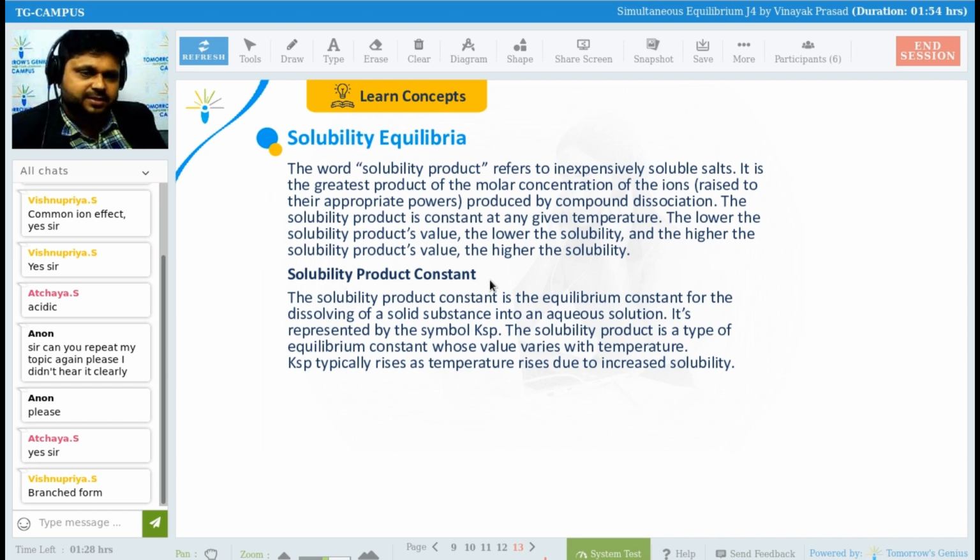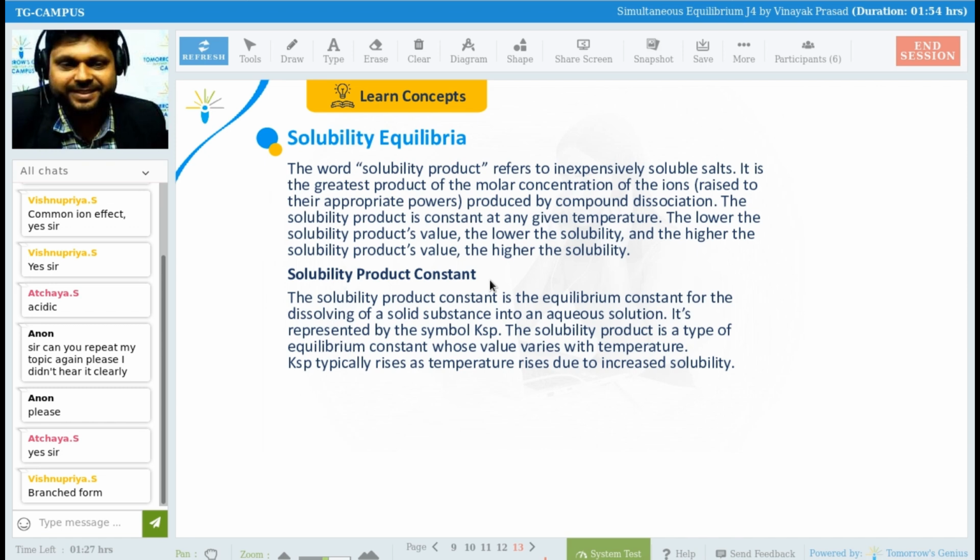DRT, can you please tell me what are these buffers? Buffer solution. Yes, definition. Sir, it is a change in pH.